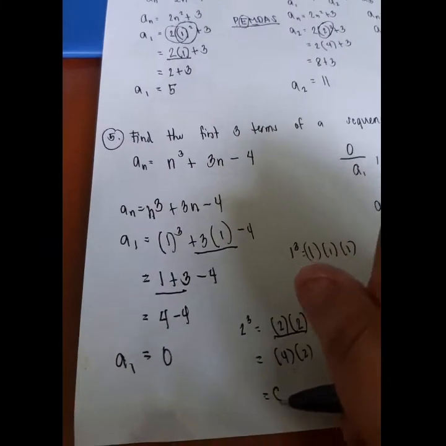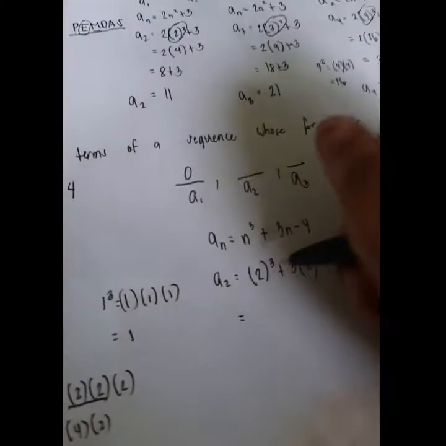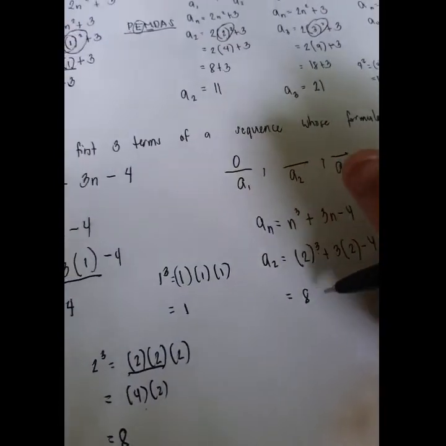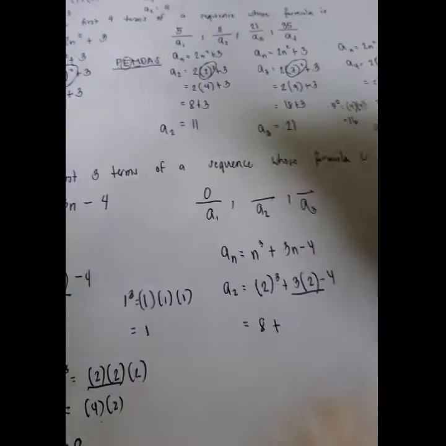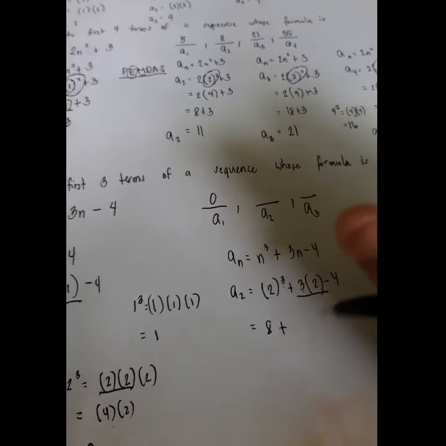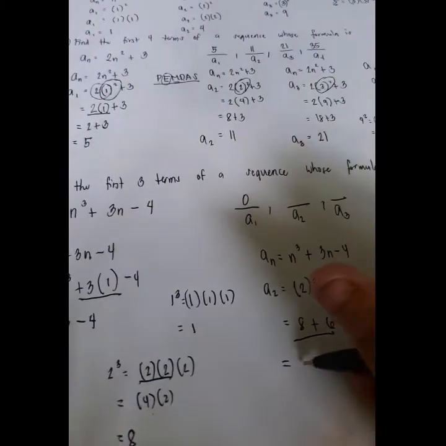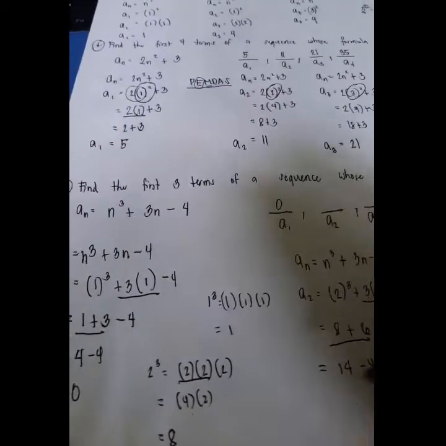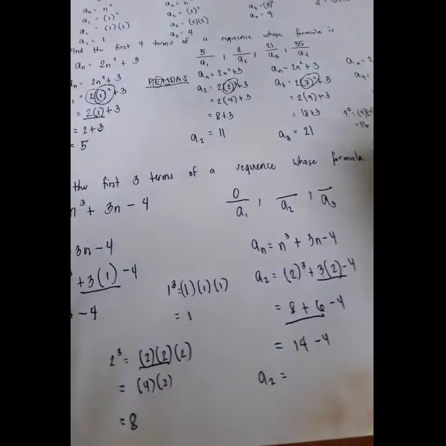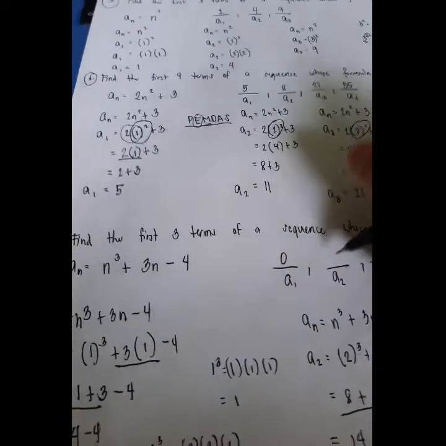The answer is 8. Therefore, your 2 cube here is equal to 8. Plus, multiply this. 3 times 2, you're going to have 6 minus 4. You add 8 and 6, that will give you 14 minus 4. Your a sub 2 will be equal to 10.